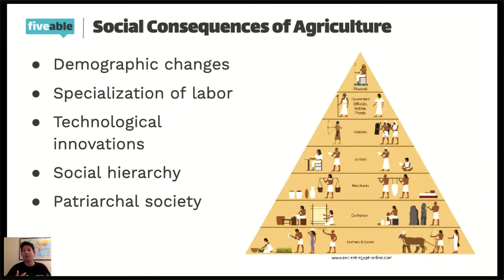The development of plows, which allowed humans to have animals pull this device that would break up the soil much more efficiently, and then, of course, allow humans to plant more food, which will lead to growing populations. Woven textiles, wheeled vehicles become invented. And then as people begin to farm, they also begin to experiment with metallurgy.